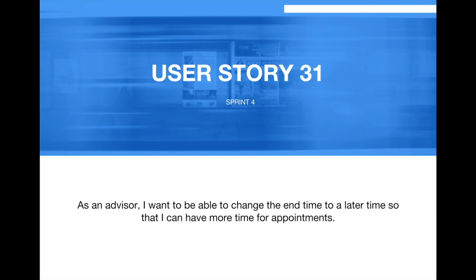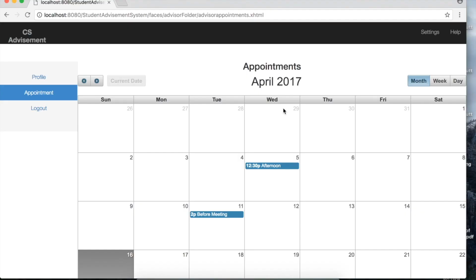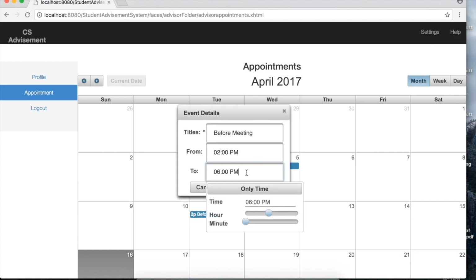As an advisor, I want to be able to change the end time to a later time so that I can have more time for appointments. The advisor can change the end time to a later time to make more appointments. If the advisor needs to change the ending time, it's the same process.